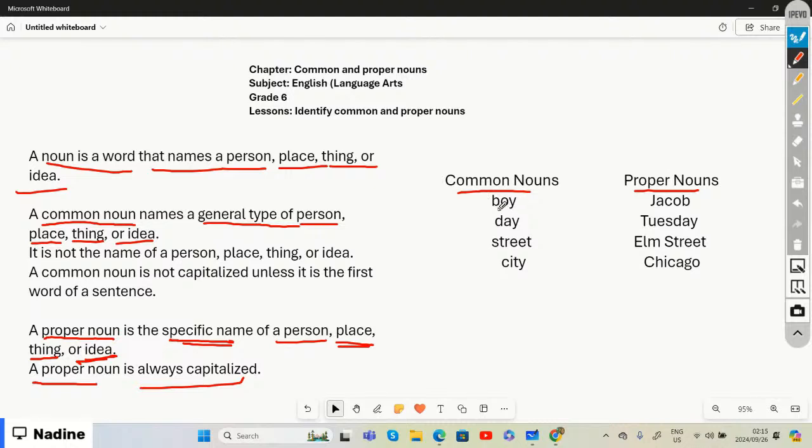With a common noun, we will say boy or girl and so on, right? And as you can see, these common nouns are all written in lower case. They are not capitalized. Whereas proper nouns, all of the proper nouns are capitalized.